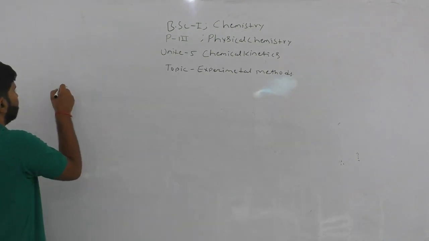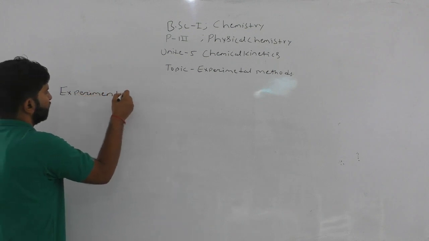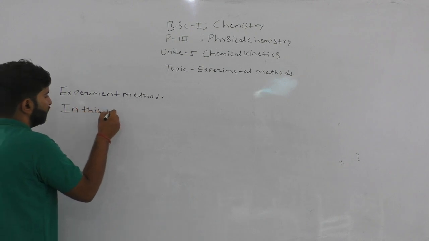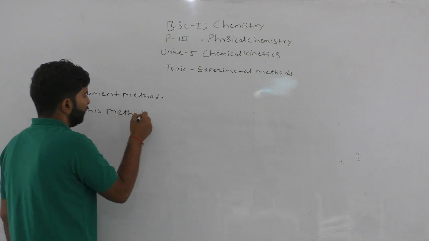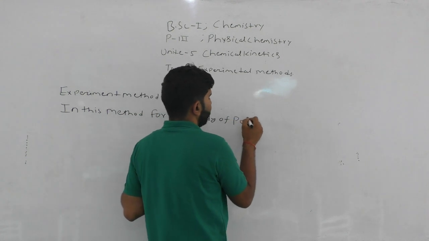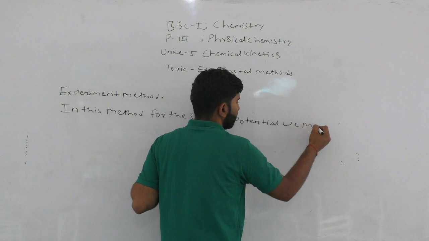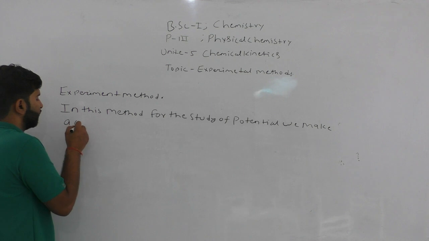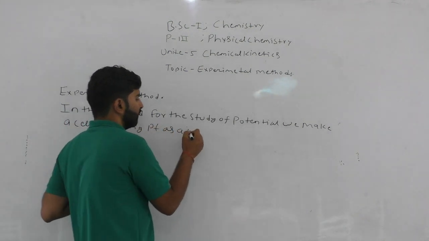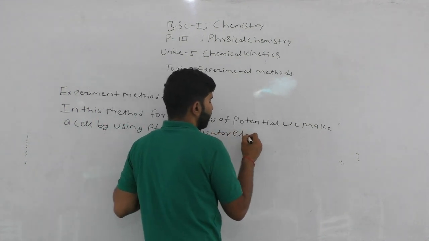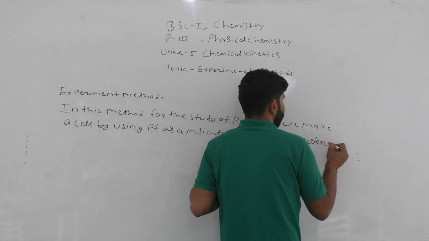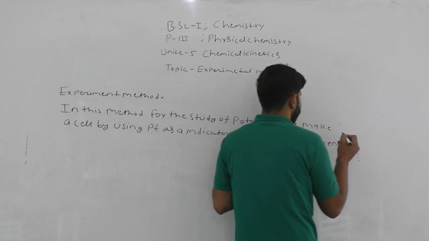Experimental method. In this method, for the study of potential, we make a cell by using platinum as an indicator electrode and a reference electrode.